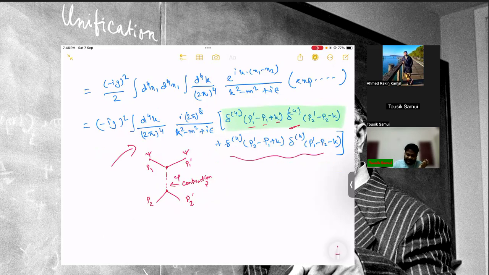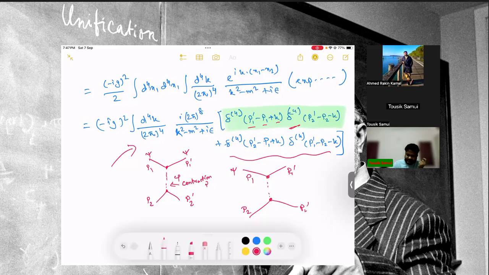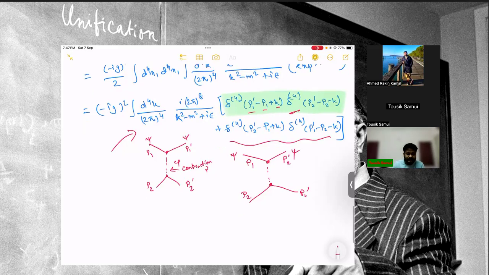So this says that I have p1 psi, and then this time p2 is going from here, and this contraction term comes here, and then there is another p2 term and p2 prime. So this to some extent represents this term.